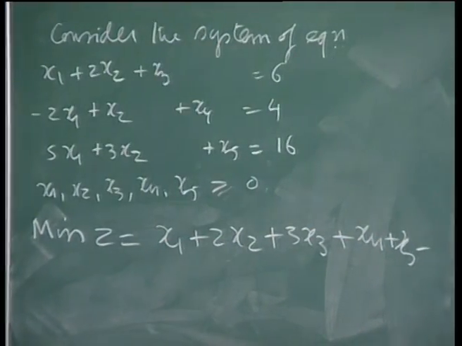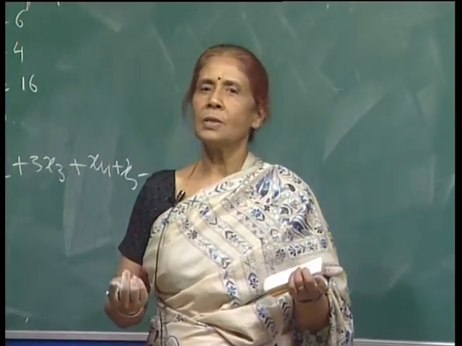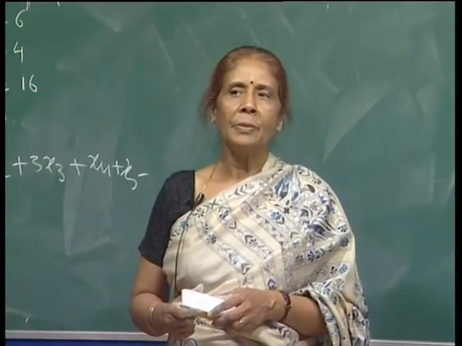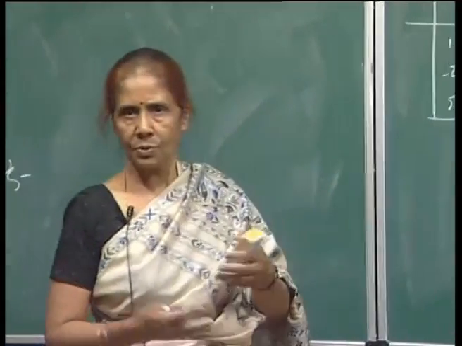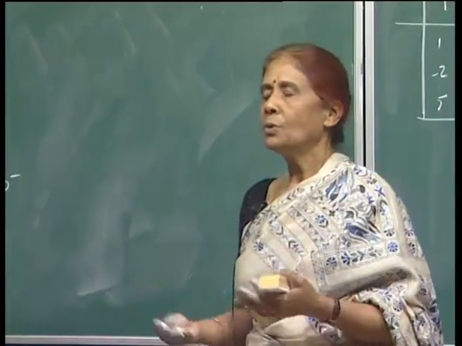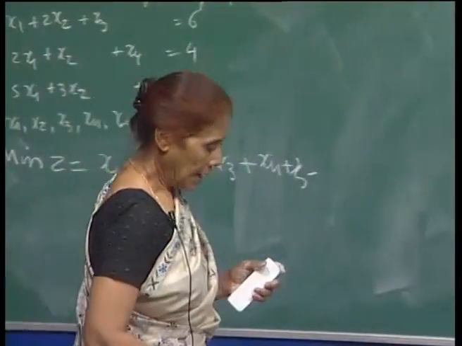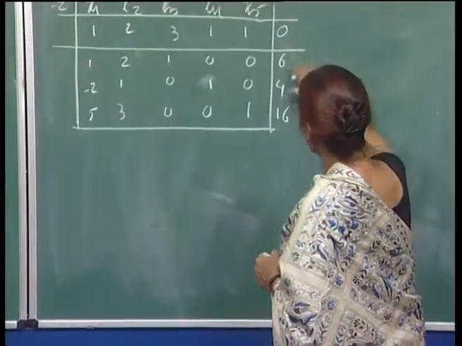That means the new system will have the same set of solutions as the original one, and therefore I can freely go on doing these elementary row operations, and we try to reduce the system of equations to get a basic feasible solution, then go on to another basic feasible solution, and so on.